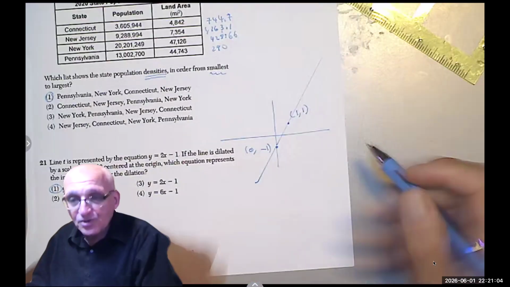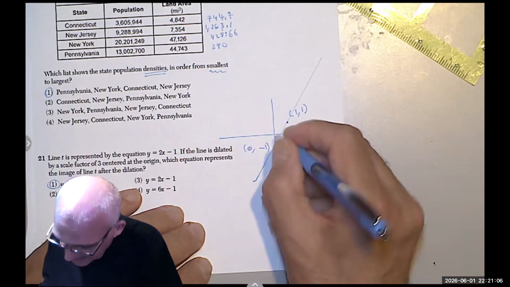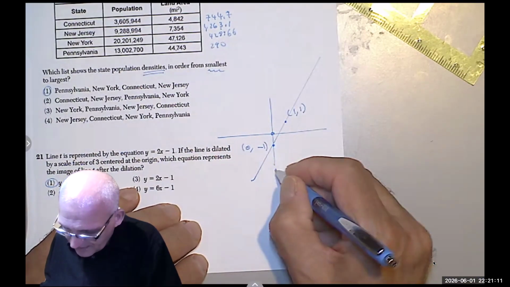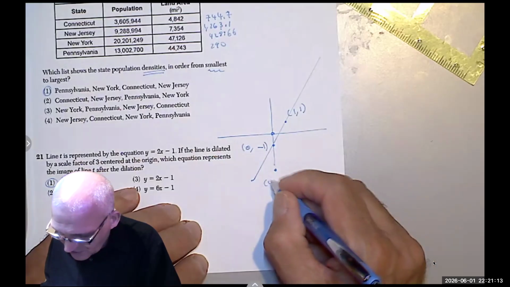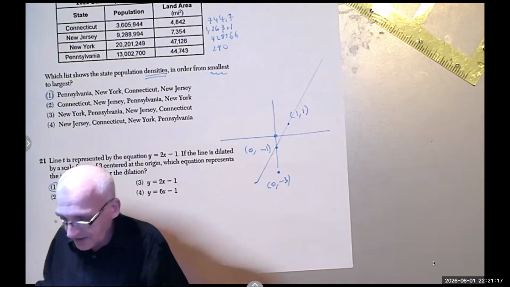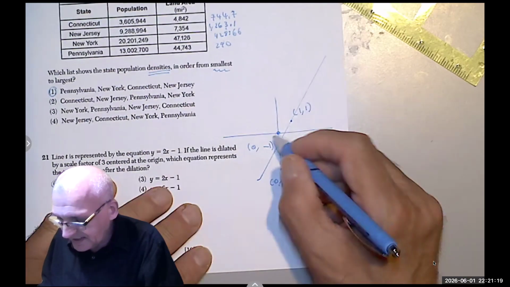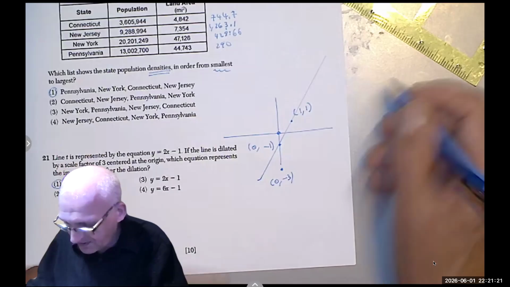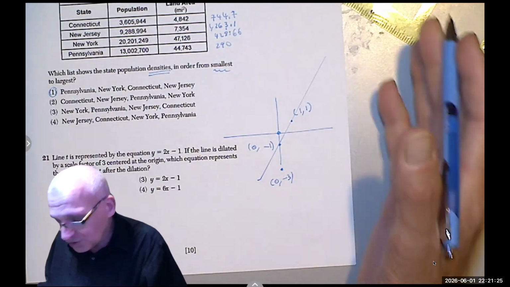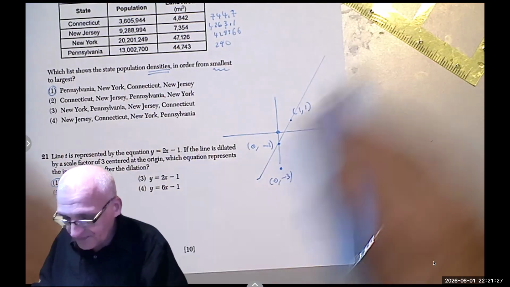Well, when you dilate with the center of dilation here, this distance 1 will become 3. So that would be 0 and negative 3, right? So the y-intercept is negative 3. And then again, this one would be at 3 and 3. And you can see that if you do the slope, you will get a slope of 2 and the y-intercept of negative 3.